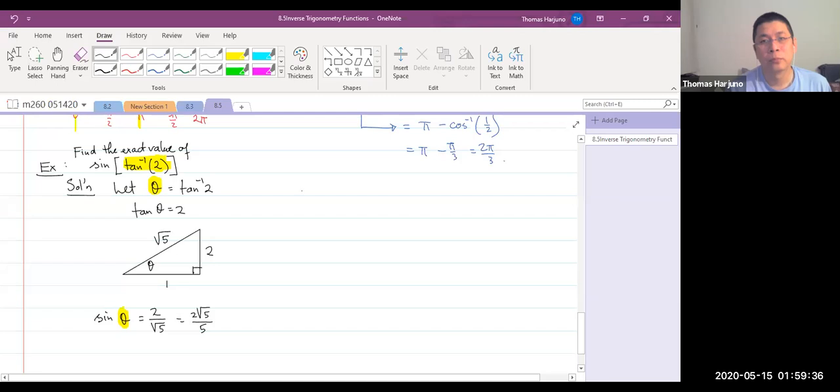Okay, last one. In the last 1 minute, suppose, for example, I ask cosine of sine inverse of x. Find the expression in terms of x.